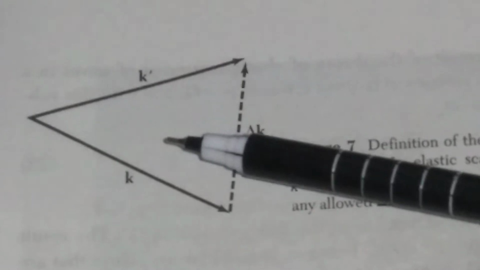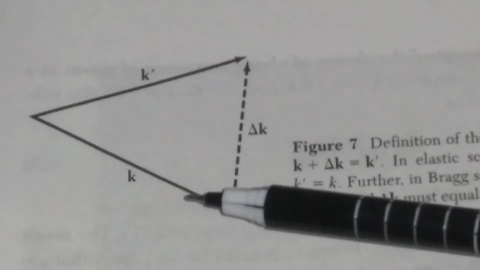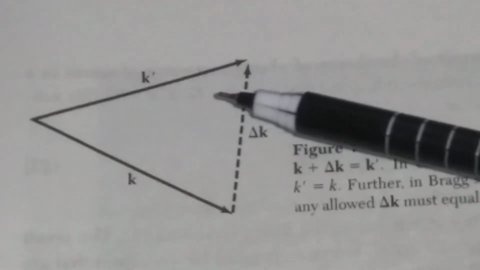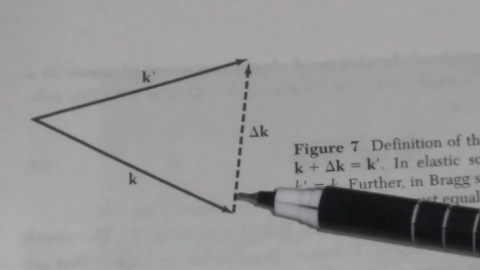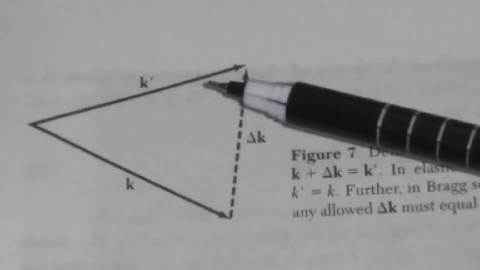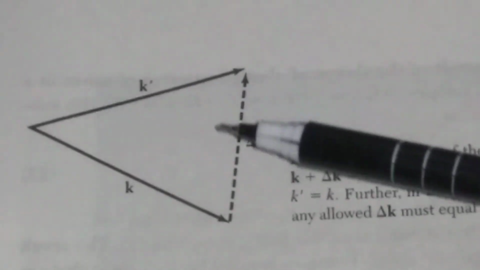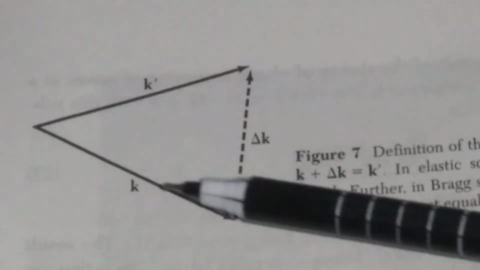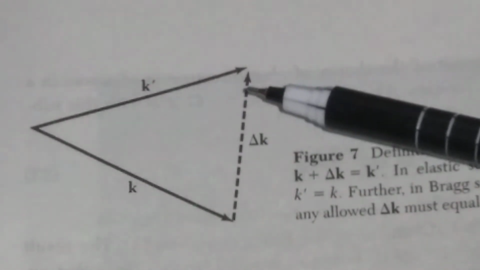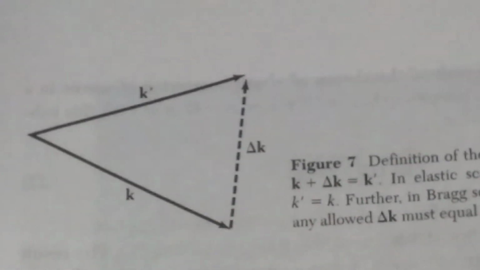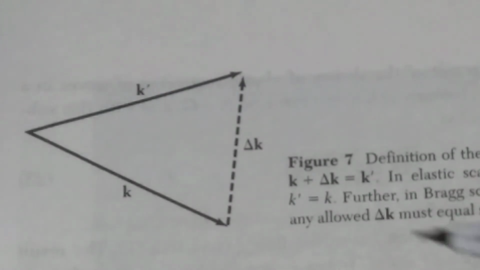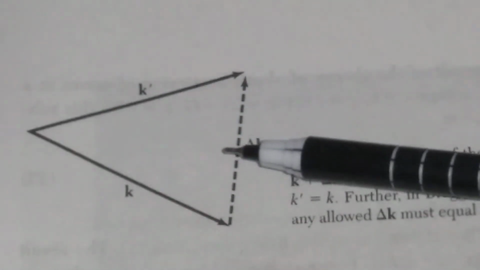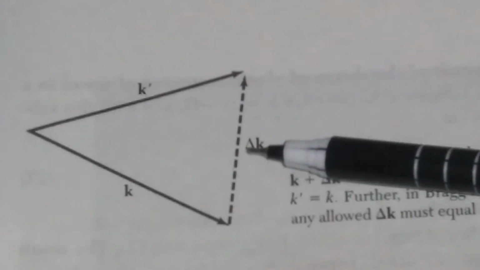You see in this figure, here k is the incident wave vector and k dash is the outgoing wave vector, and this is your delta k. So from this triangle, applying triangle law, you may say k plus delta k is equal to k dash. That is why k minus k dash will be equal to minus delta k.